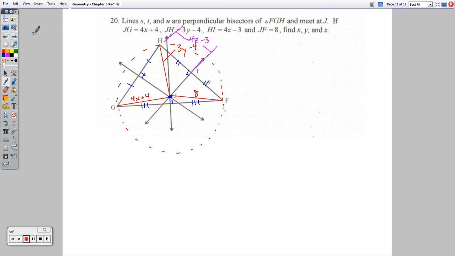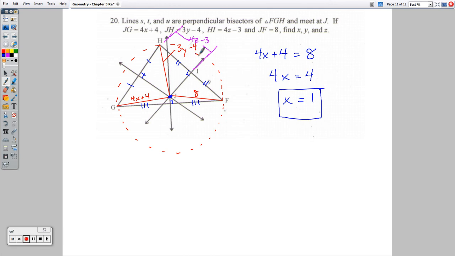So we could set up an equation, 4x plus 4 would equal 8. So from there you've got 4x equals 4 and divide by 4, x equals 1. So if you use that information, we should be able to find y and z from there as well.